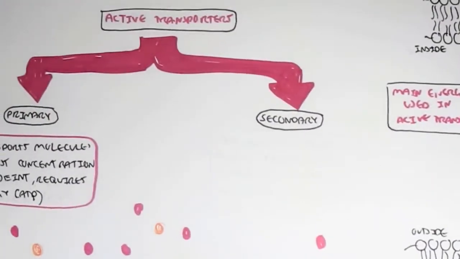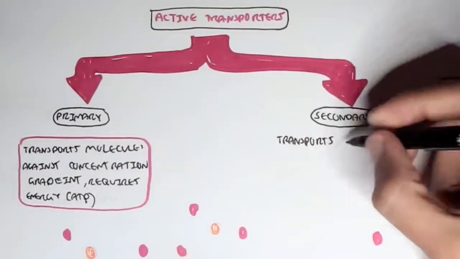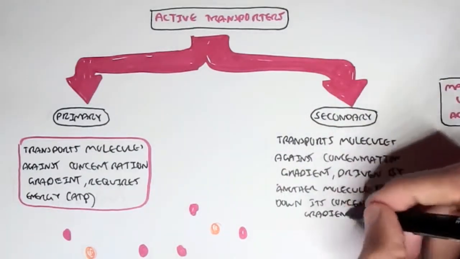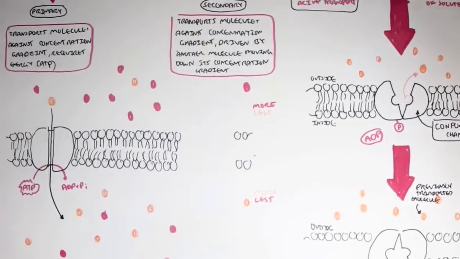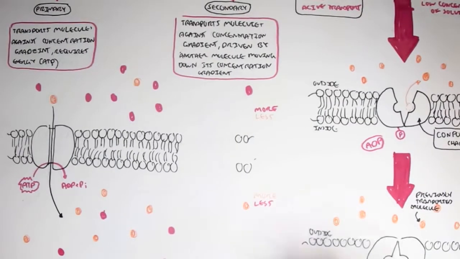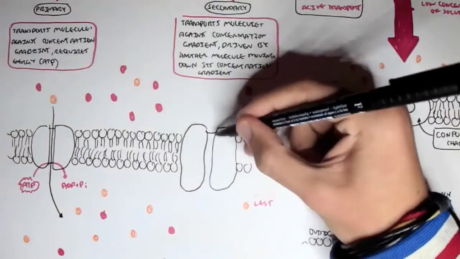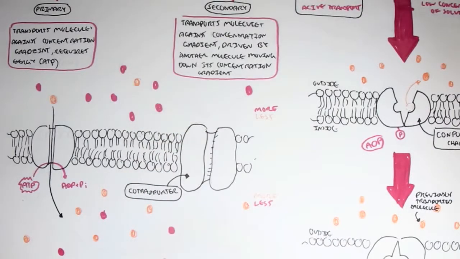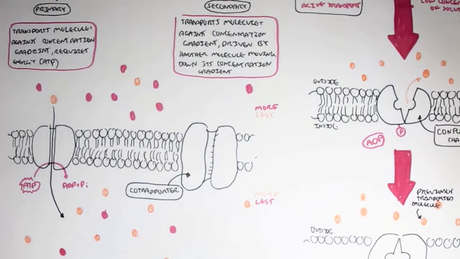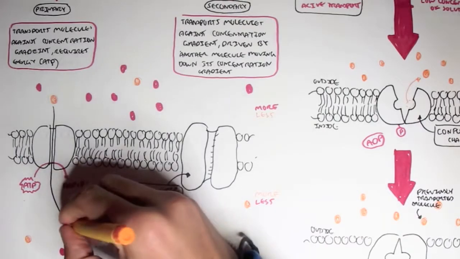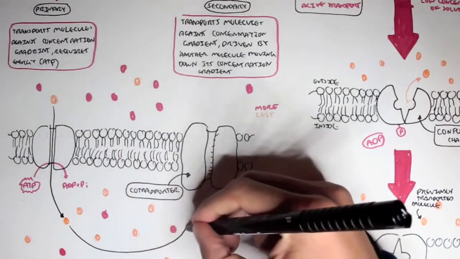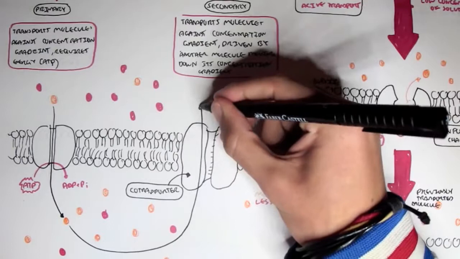Now the difference between primary and secondary is that secondary does not require ATP. Secondary active transport still transfers molecules against their concentration gradient, but it's driven by another molecule moving down its concentration gradient. For example, the secondary active transporter is specifically a co-transporter. We have this orange solute, which is highly concentrated on the inside, which just moved in.